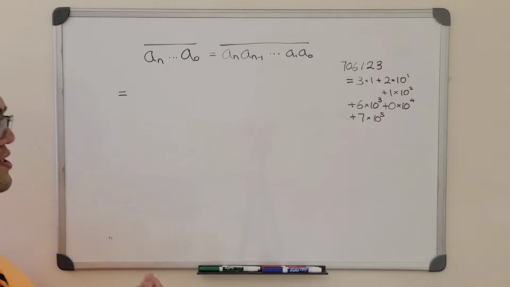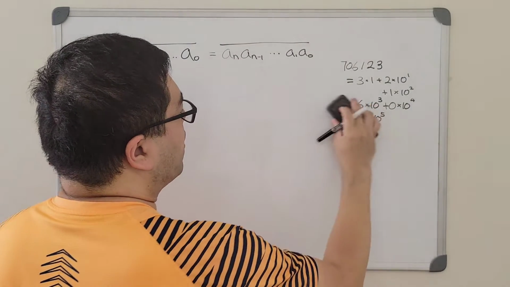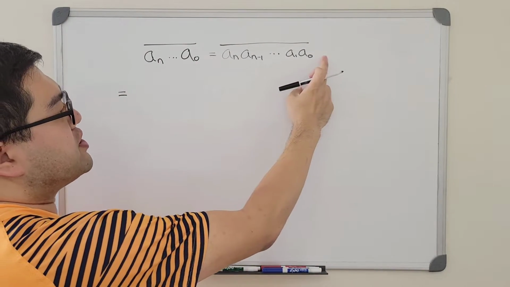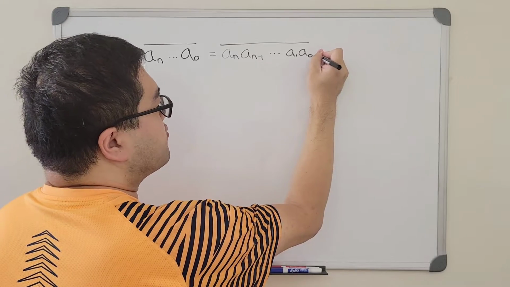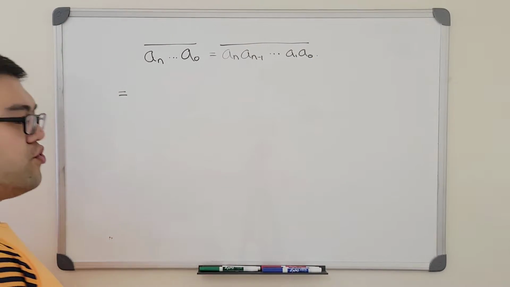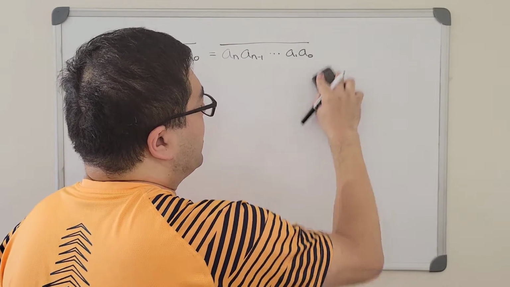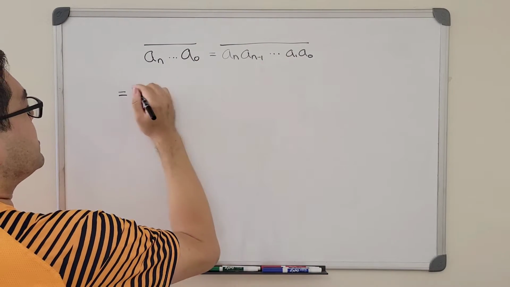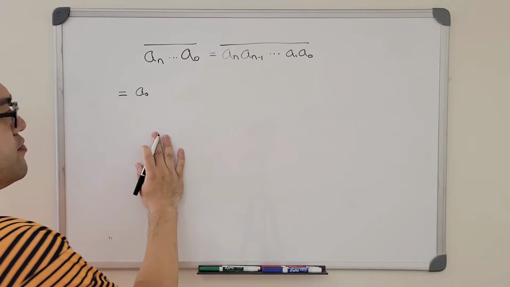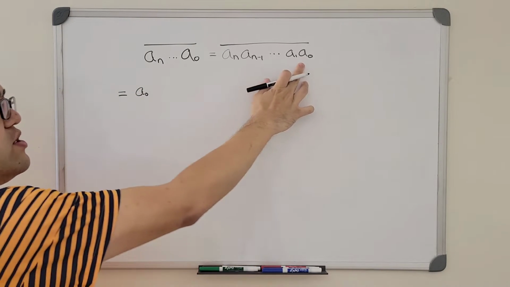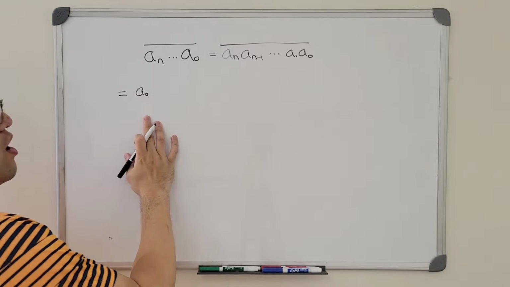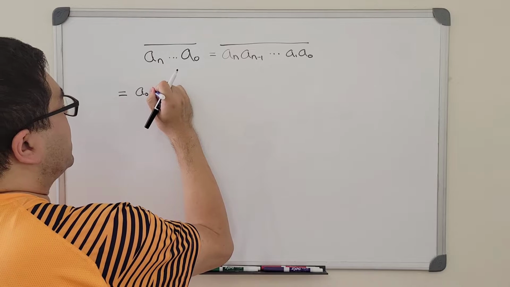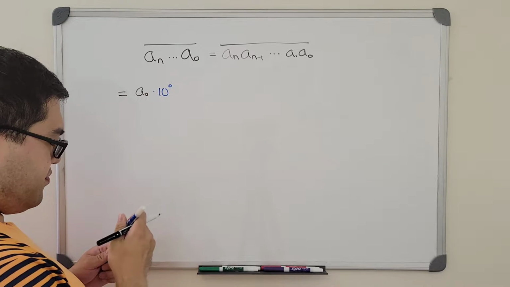Now if we generalize it, we're going to get the following. So we start with the most right, which is the digit right next to the decimal point, which we don't write when we know that it's an integer. So this tells us that we have a_0 copies of 1, or in our words, it will be 10 to the 0th power.